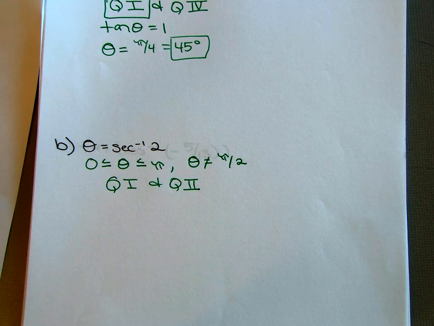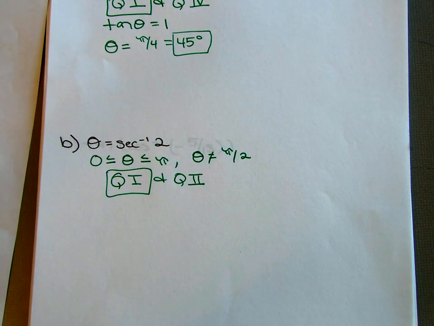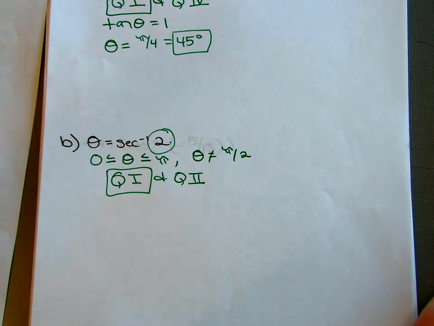But what is secant in terms of sine and cosine? 1 over cosine. So is 1 over cosine going to be positive in quadrant 1 or quadrant 2? Are the x values positive on our unit circle in quadrant 1 or quadrant 2? Quadrant 1. Everything's positive in 1. So once again, we are going to fall in quadrant 1. And we know that we want it to be positive because it says secant of positive 2.